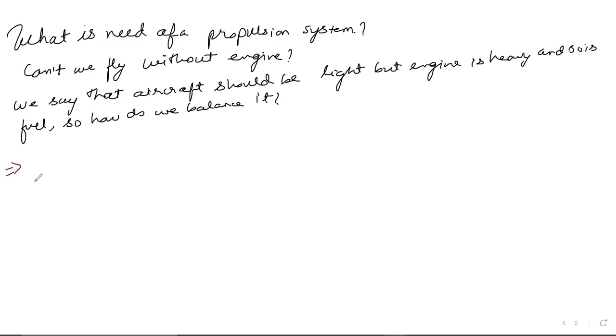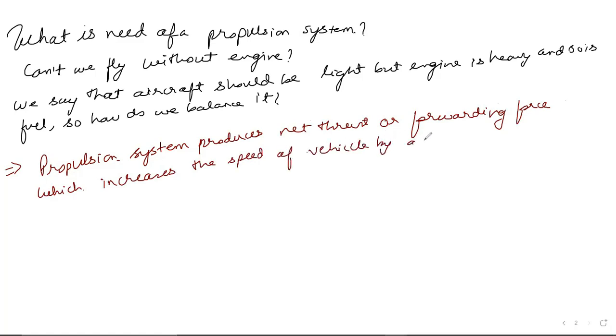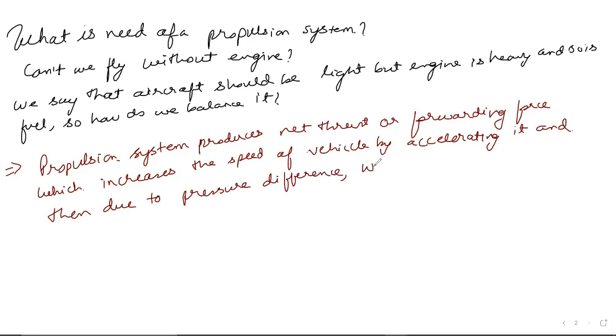Now, the answer is that the propulsion system produces net thrust, or forward force, which increases the speed of the vehicle by accelerating it, and then due to pressure difference, we generate lift.